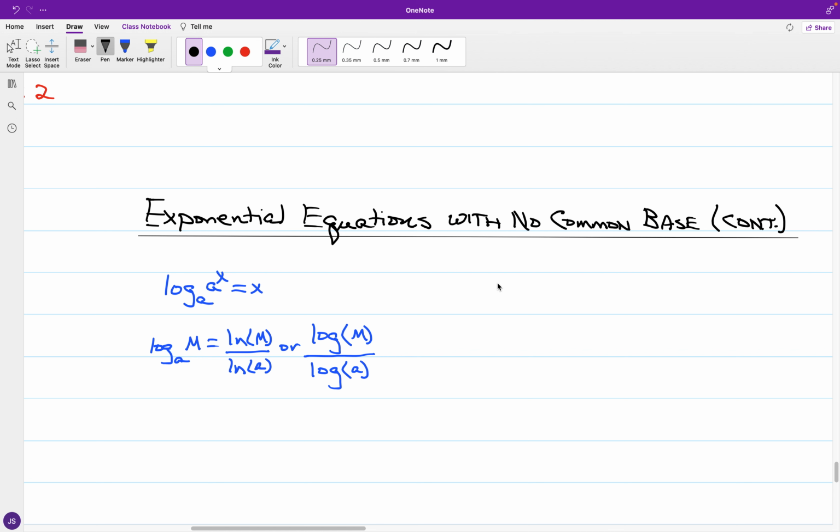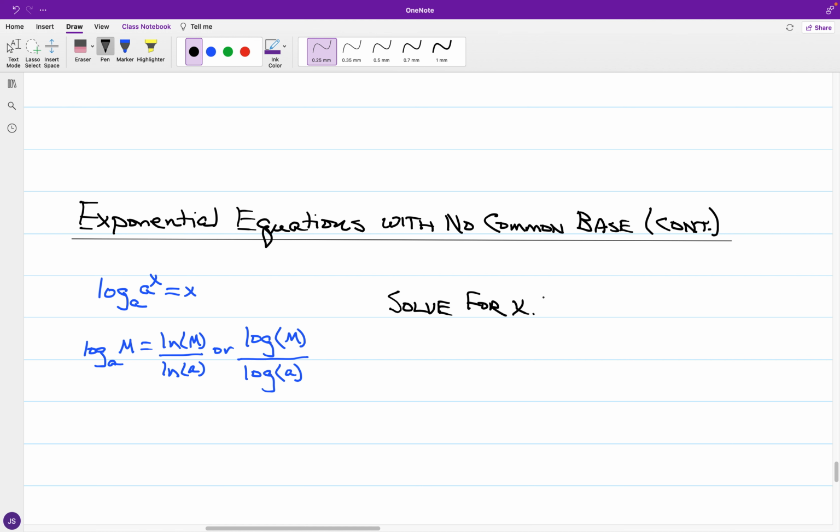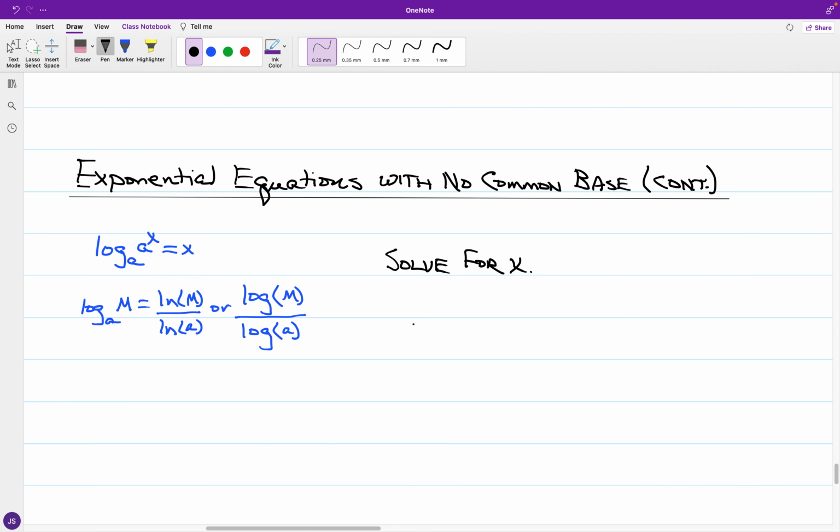Okay, so just starting out with where we have the variable on one side of the equation. If we're looking at solving for x, and we'll say that we have 9 to the x plus 4 is equal to, we'll say, 10,000.